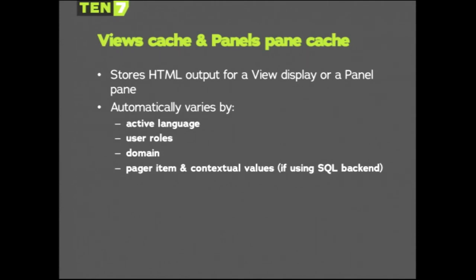It can also vary that cached item according to the page or the arguments or the contextual filters that are being used with the view. That tends to only work when using SQL as the backend because it's related directly to the query. But these are very useful as default ways to vary the response coming from a view.